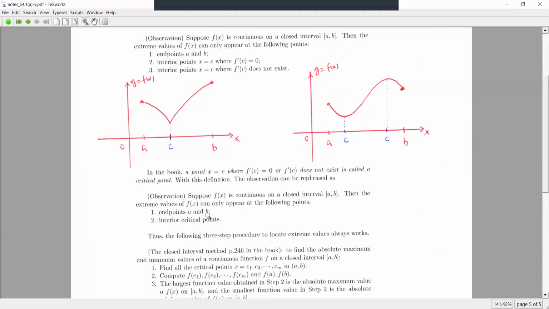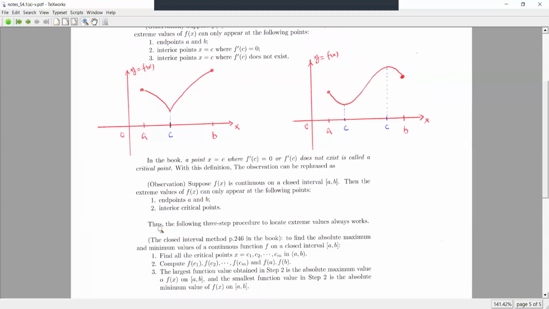Endpoints, possible. Interior critical points, yes. This is a critical point. This is a critical point. Interior critical points. Based on this observation, we have the following 3 steps to locate maximum and minimum function values.